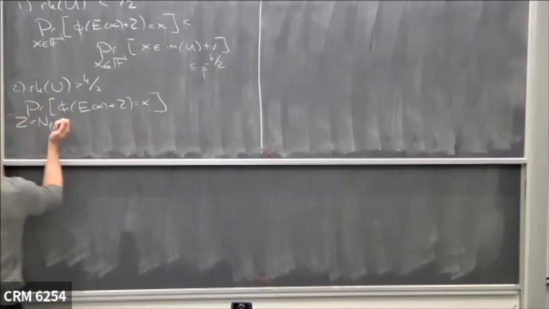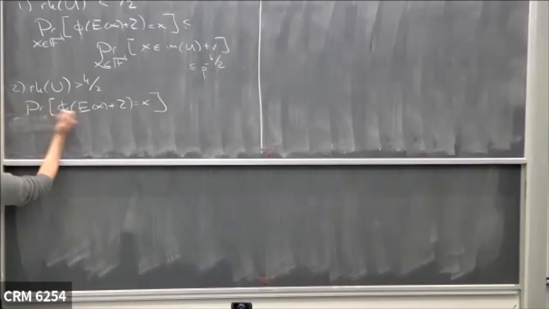Its coordinates are independently and uniformly distributed: with probability rho they're 0, and with probability 1 minus rho they're uniform. So you can think about sampling such a z in 2 steps. First, you sample the coordinates on which it's 0, and then among the coordinates in the complement, you take z to be uniform.